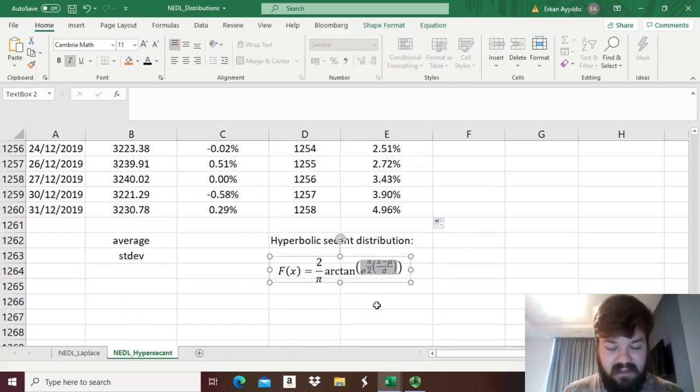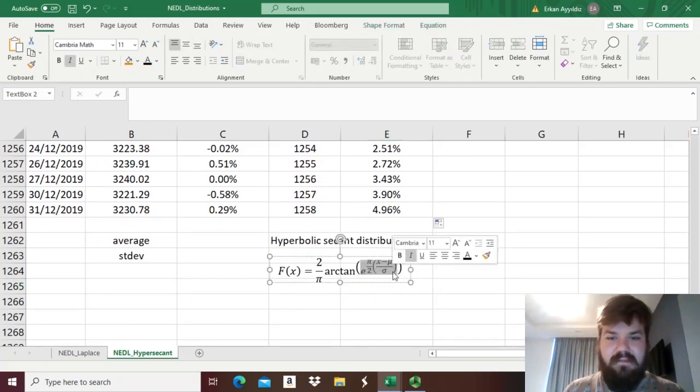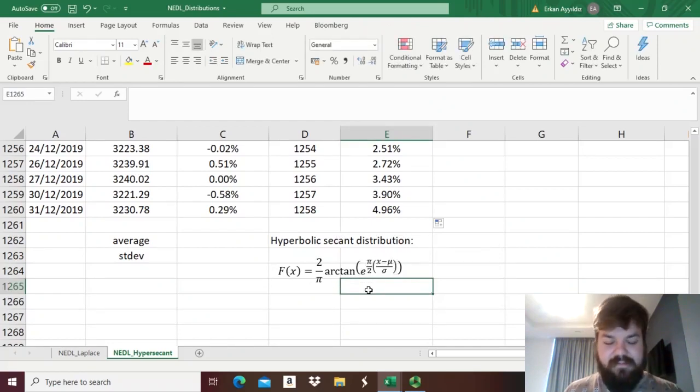What it gives us, essentially, is, as the exponent function is bounded by 0 and plus infinity, then the arctangent of this function, in turn, would be not from minus pi over 2 to pi over 2, but from 0 to pi over 2, as this is bounded by 0 at the bottom.